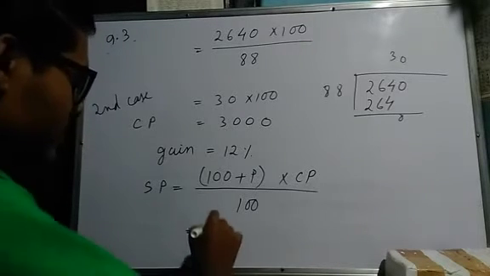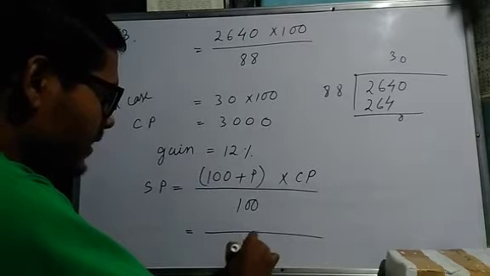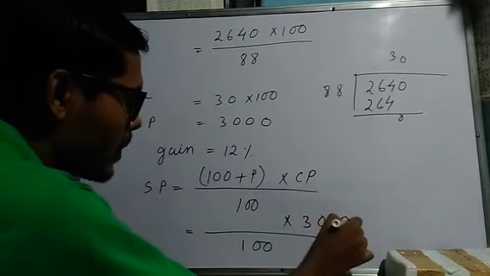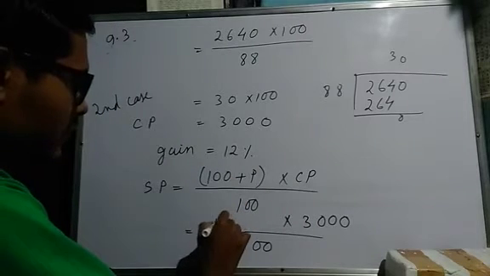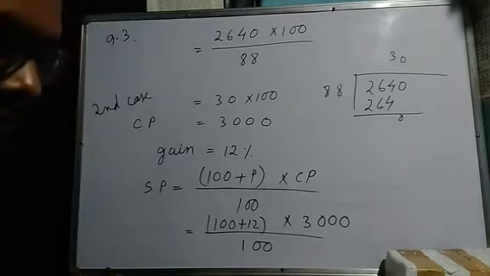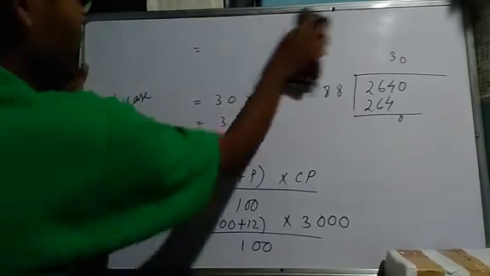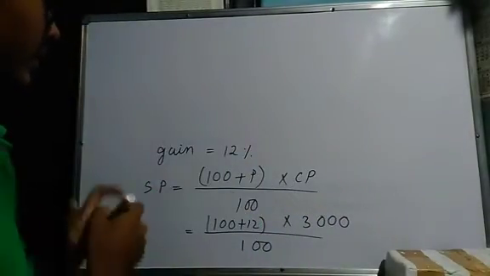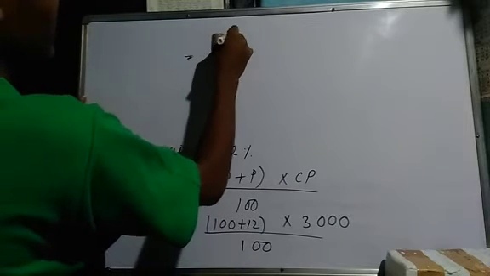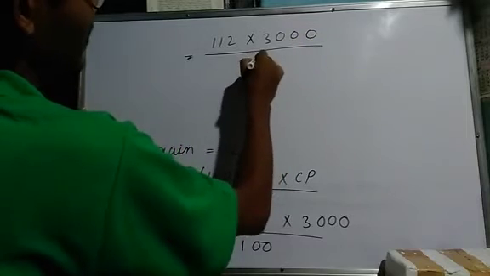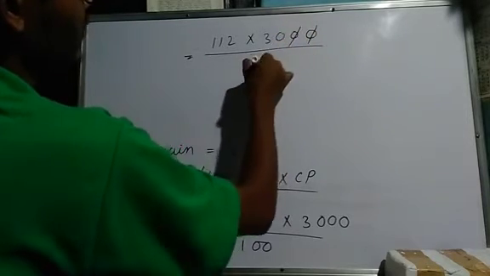Simply substitute the values here. CP we got 3000, and profit is how much? 12. So it will be 112 multiplied by 3000 by 100, cancel 00.